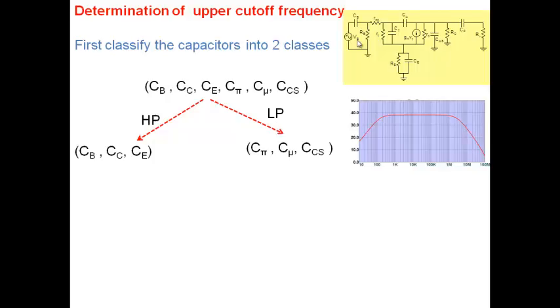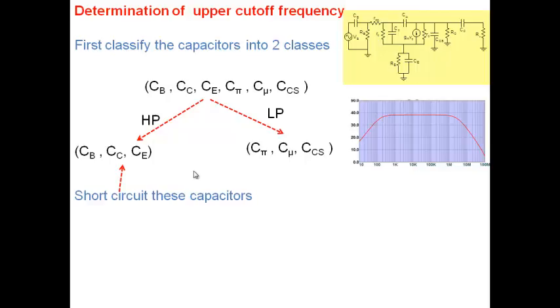By looking at the circuit, one can tell, as we just saw, that the coupling capacitors cause high pass behavior, and all the transistors' internal capacitances, we'll see, cause the low pass behavior. So we've taken the capacitors into 2 classes: those that cause high pass behavior and those that cause low pass behavior.